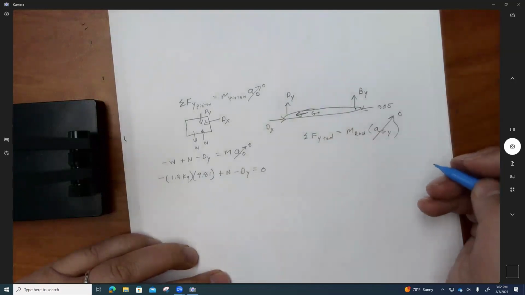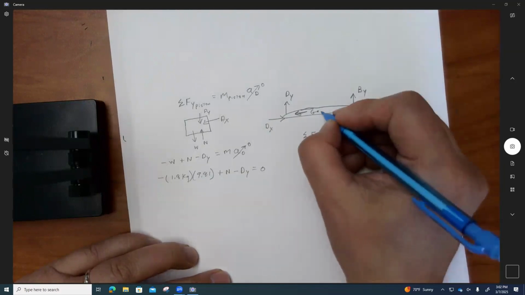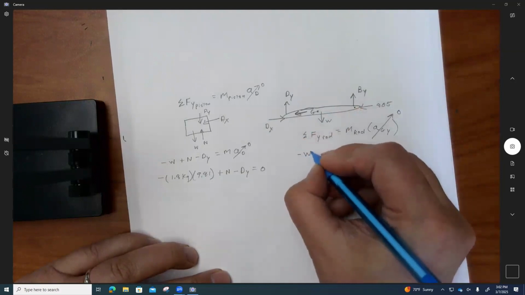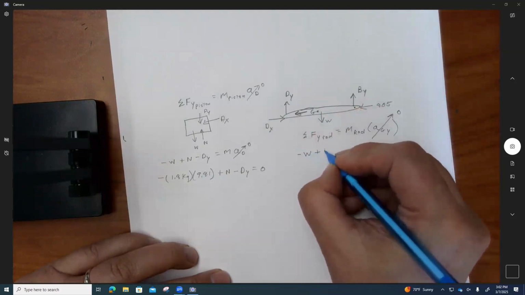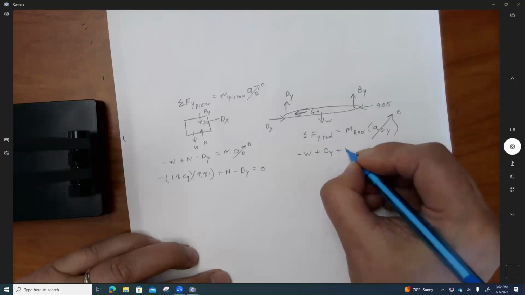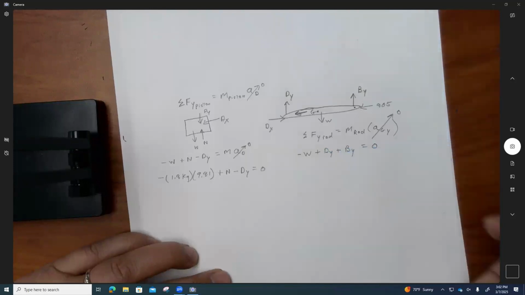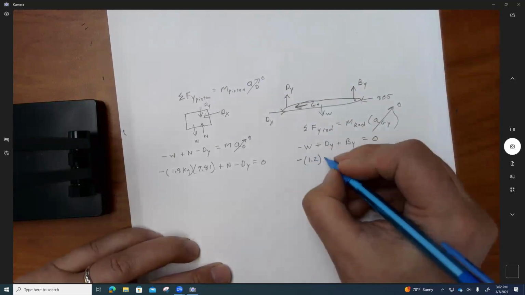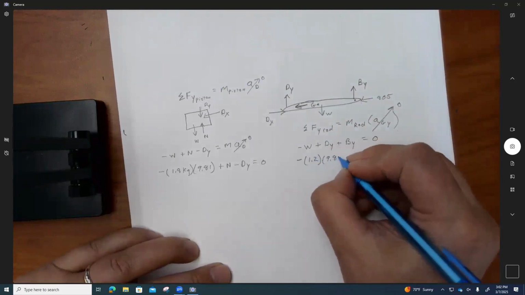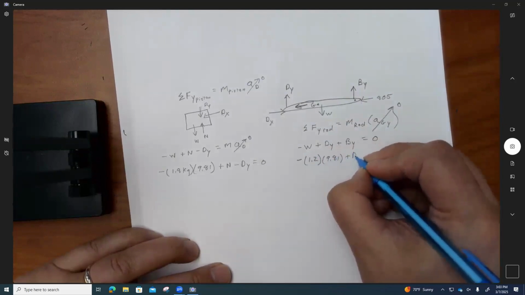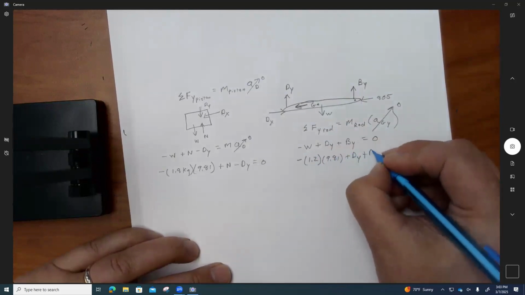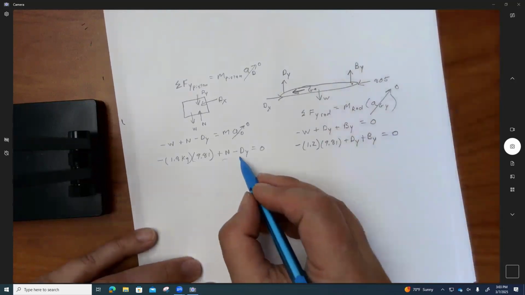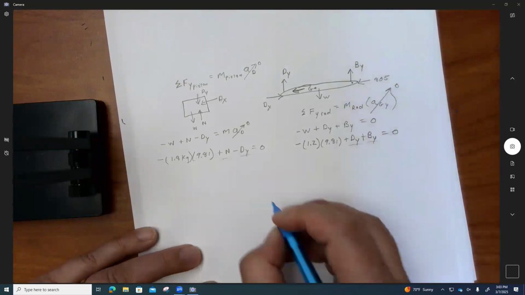So we'll have the weight of the rod as a negative, plus Dy and plus By equals 0. If we look at the weight of the rod, 1.2 multiplied by 9.81, plus Dy plus By equals 0. We have 3 unknowns, so we need one more equation.